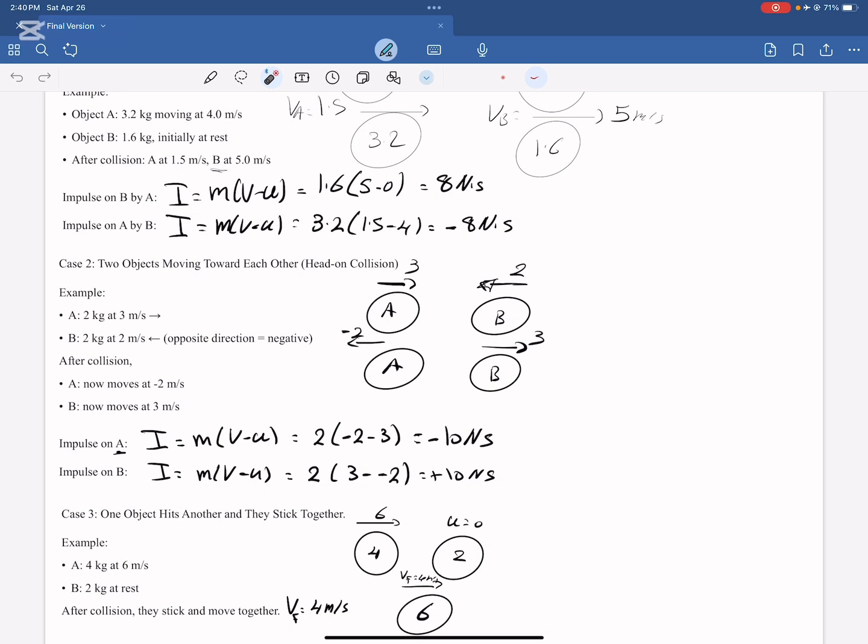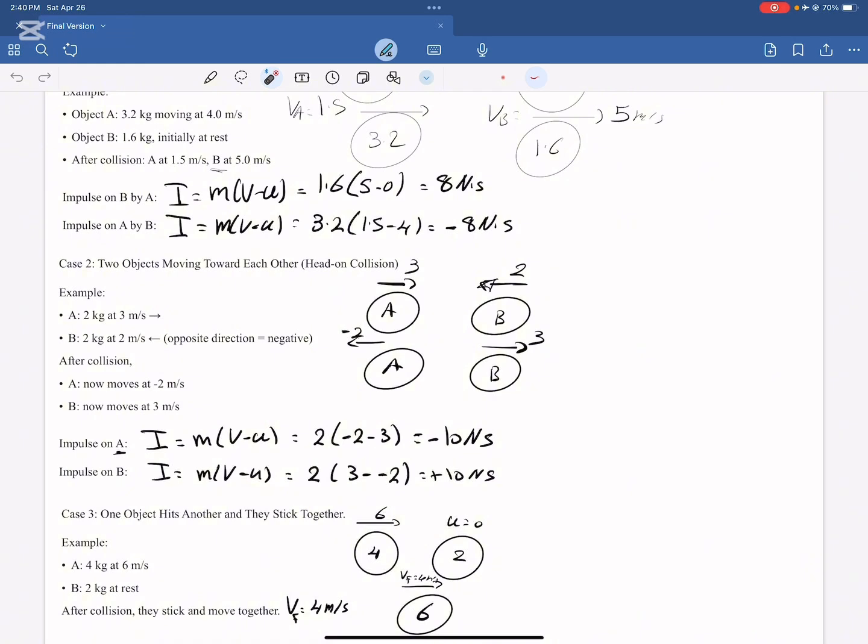Sorry, this is for A. So initially, the final velocity of A was -2, so it's moving to the left. And initially it was coming with a 3. The law has got a negative, so this gives you a -10 newton second, which is the impulse exerted by B. By symmetry, the impulse on B is going to be +10.